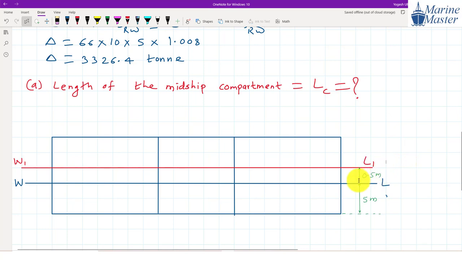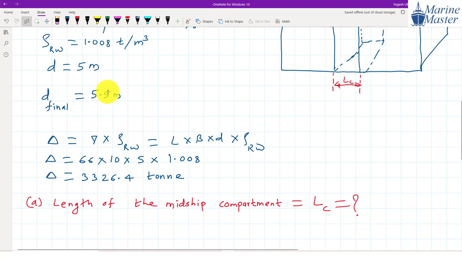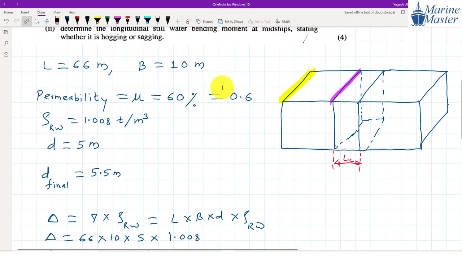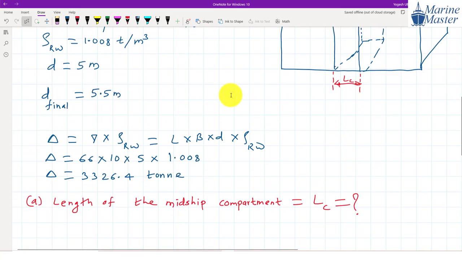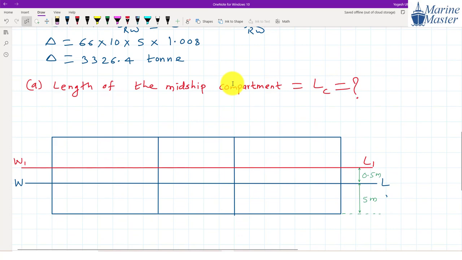Okay, good. Now what is going to happen, guys? See how much permeability we have: 60%, 0.6. Guys, remember my point. Permeability means how much space is vacant, how much space is unoccupied, not occupied.